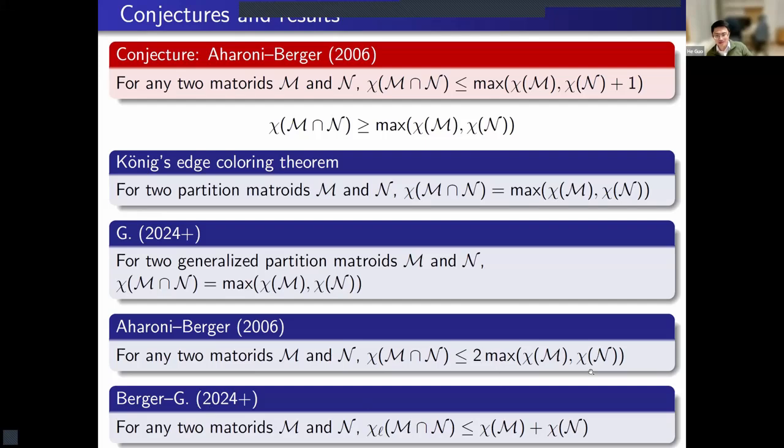Recently we improved this result by showing that for any two matroids M and N, the least chromatic number of their intersection is at most not two times the maximum of them, but just the sum of them. Recall that the least chromatic number is an upper bound of the chromatic number. So we improved this result a little bit. That is about the conjecture and results for the chromatic number.